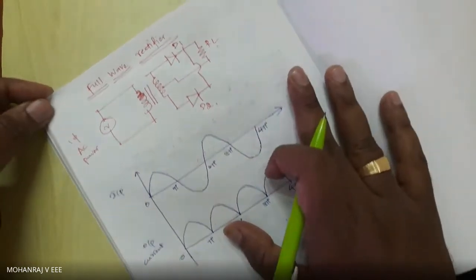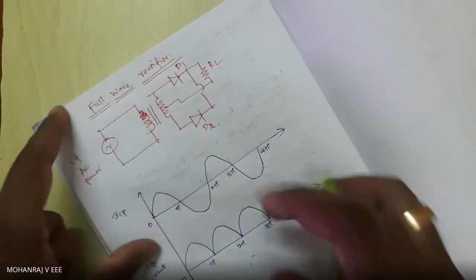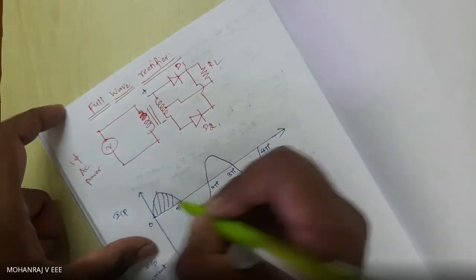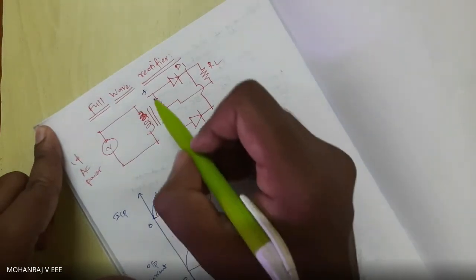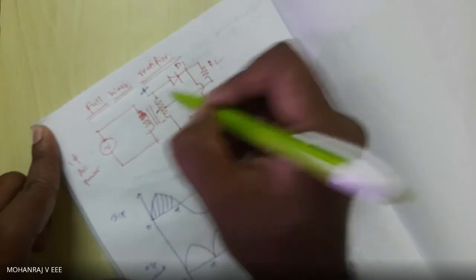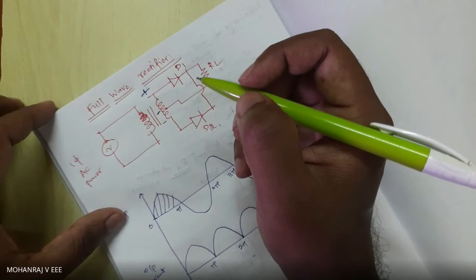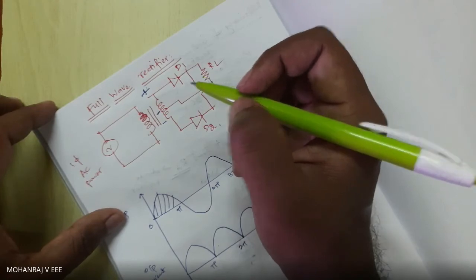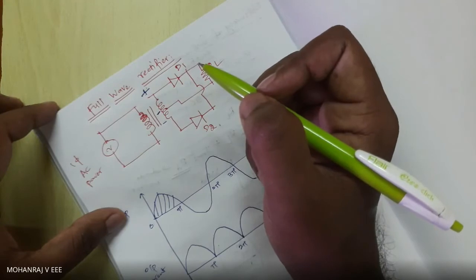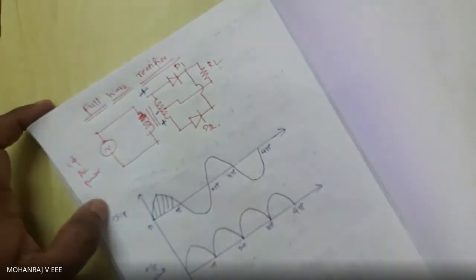So what happens actually? Initially it is positive, negative. Say for this positive cycle of the input, this is positive, this is negative. Positive, negative, positive. Fine.